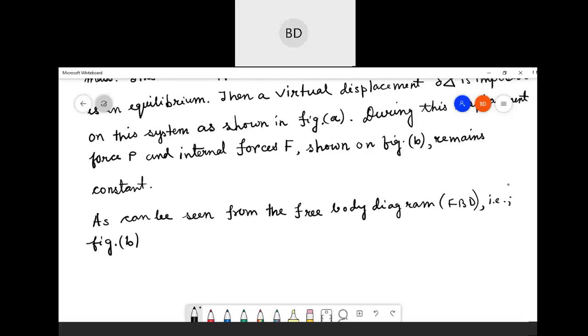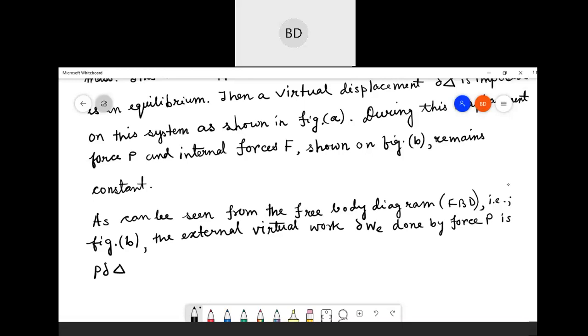The external virtual work del WE done by force P is P L delta.